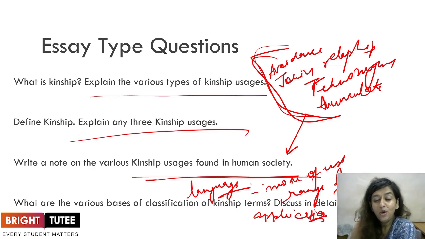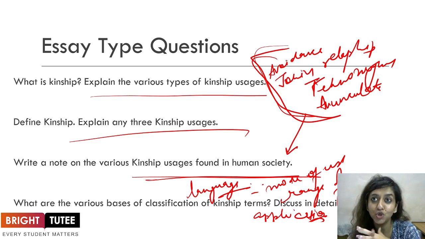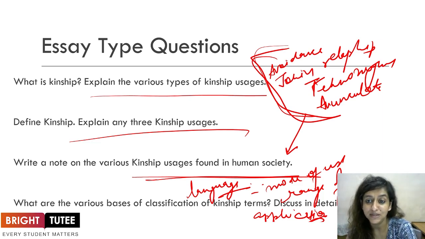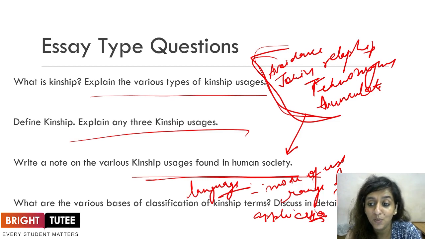I hope all of this has made you understand the concept of kinship, the concept of families, and the social relationships of families in the form of kinship, in an explanatory way, and that you will be able to answer the questions perfectly well.